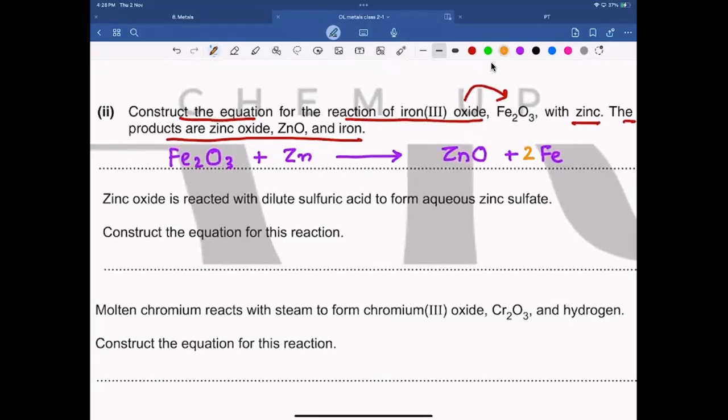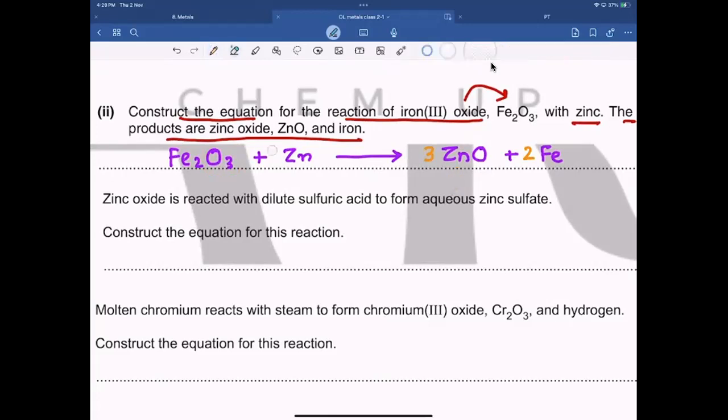On both sides, we have got 2 atoms of iron. Three ZnO, 3 before ZnO, because there are 3 oxygen over here. So I have to make 3 oxygen over here as well. So when I put a 3 over here, that makes this zinc as well 3.